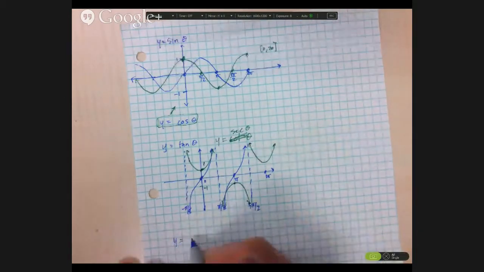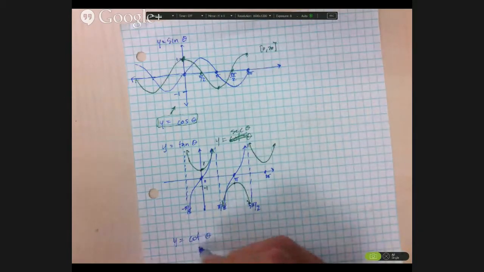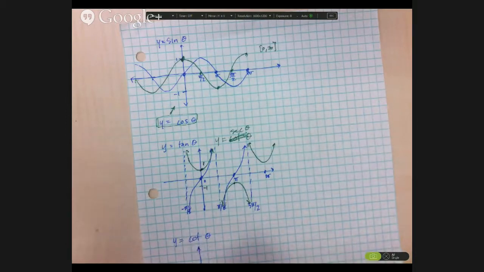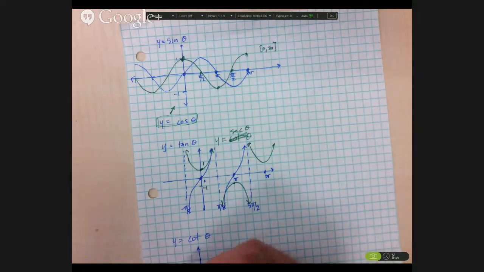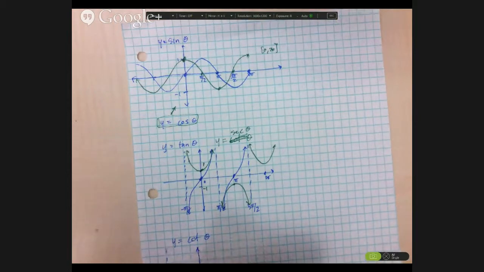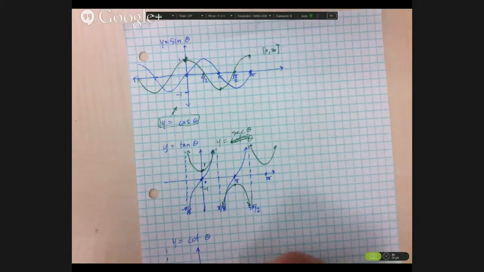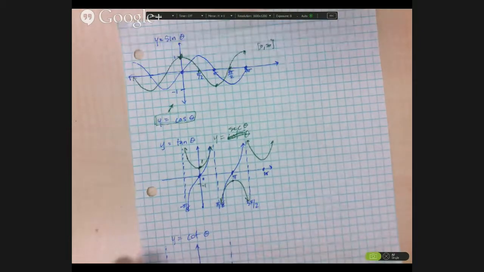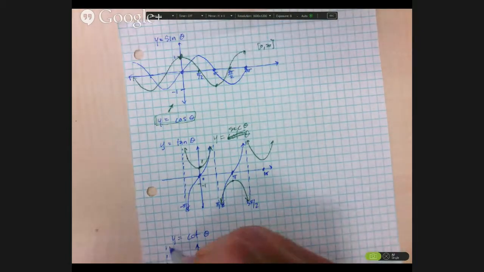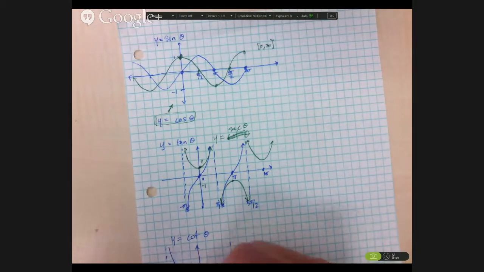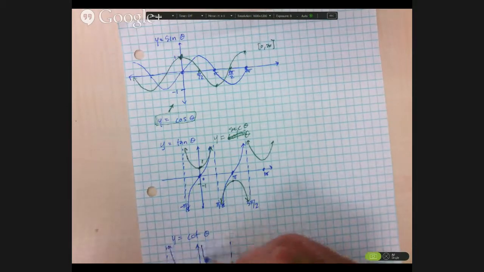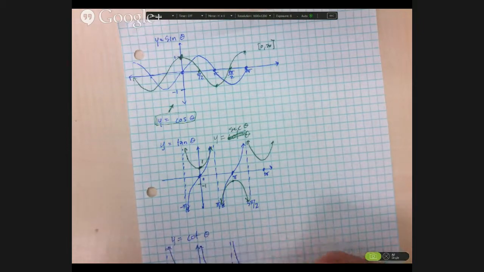Now we can look at cotangent. It has different spots where it's undefined. So negative pi, 0, pi, etc. And it looks like this. Okay.